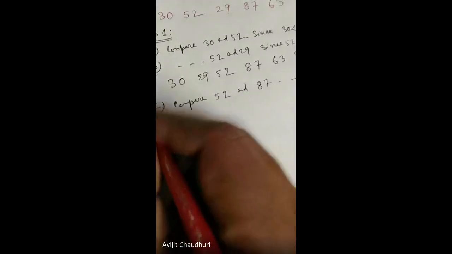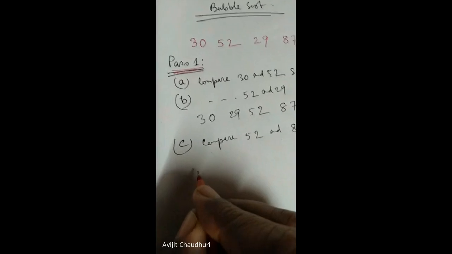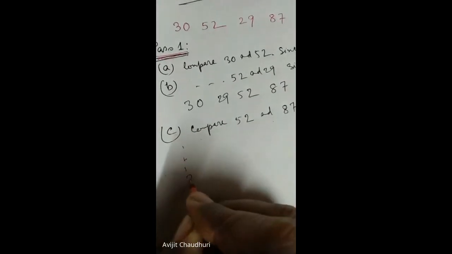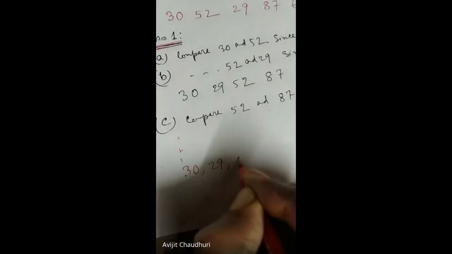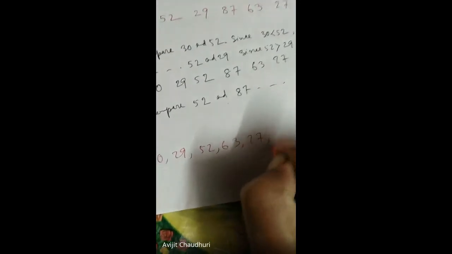After the first pass, this will continue in that way: 30, 29, 52, 63, 27, 19, 54, 87. So one item becomes sorted.